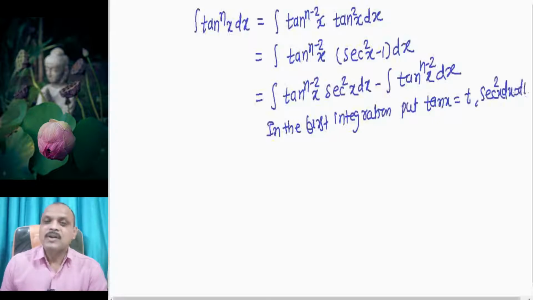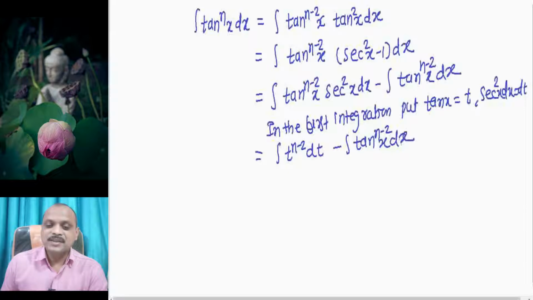We are only evaluating the first part. This is equal to t raised to n minus 2 into dt, and keeping the second integration as it is, tan raised to n minus 2 x into dx. Integration of this is t raised to n minus 1 divided by n minus 1 minus integration of tan raised to n minus 2 x into dx.